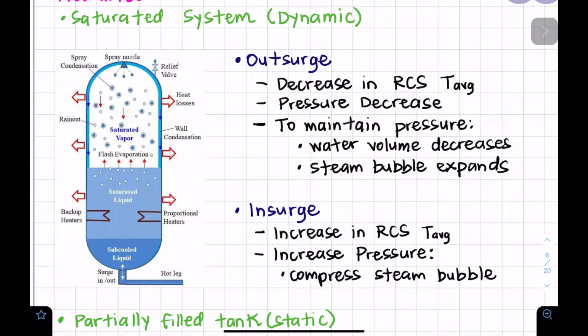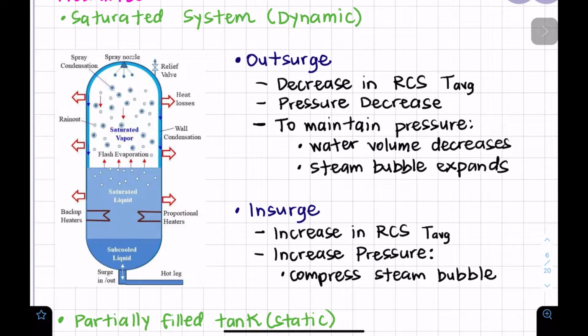So basically, just going over again, outsurge, we will get it if we get a decrease in the average temperature of the RCS because we have this surge line connected directly to the RCS. And that's basically what it is. Insurge is a little bit more complex.